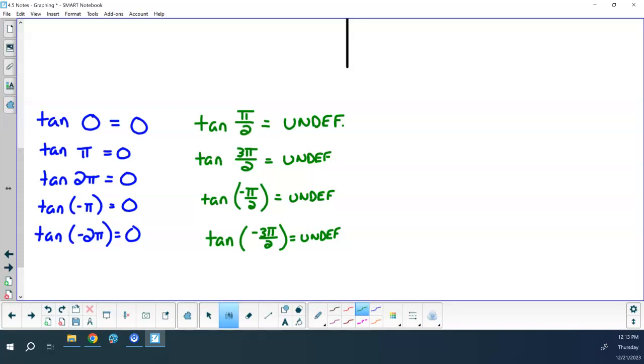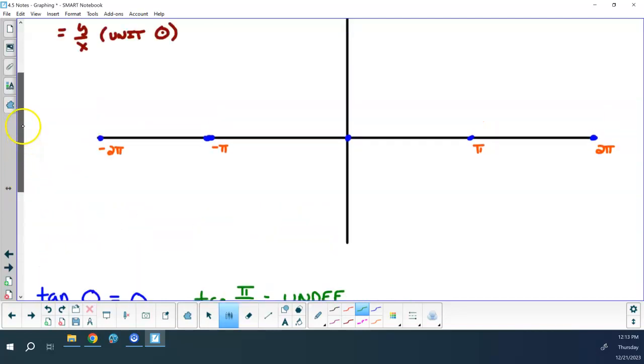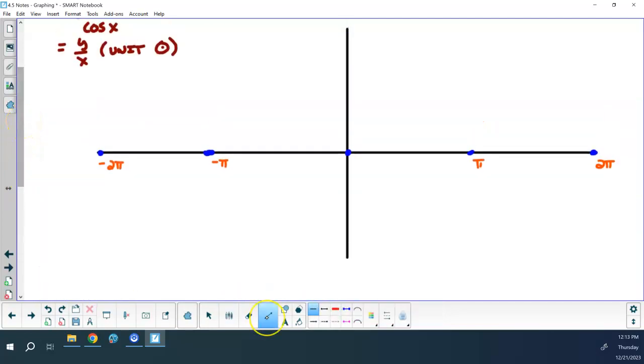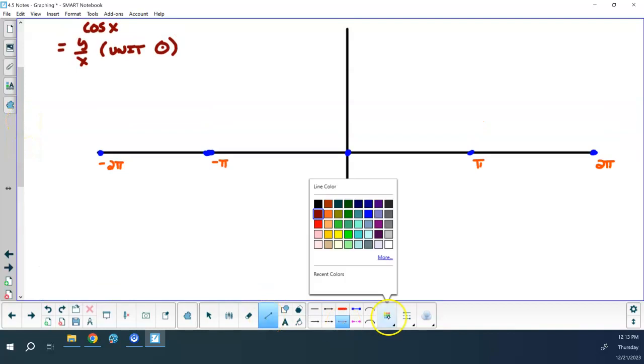Yep, we're going to put a vertical dashed line at all of those values because those are all vertical asymptotes. Okay? So we can put in vertical asymptotes at those positions now.